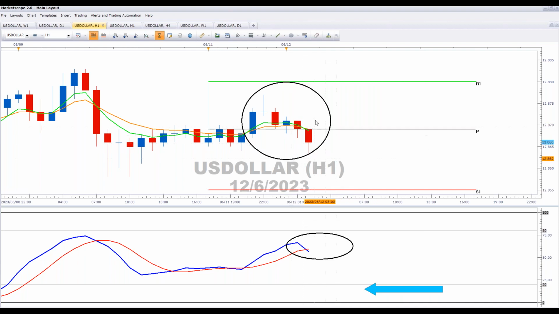So I wouldn't be surprised to see some sort of weakness coming in on the greenback. If we're getting some sort of weakness on the greenback, let's see what's happening on the euro. Theoretically, the euro should be moving in the opposite direction. Let's take a look and see some sort of analysis on the euro side. So let's cross over to euro US dollar.